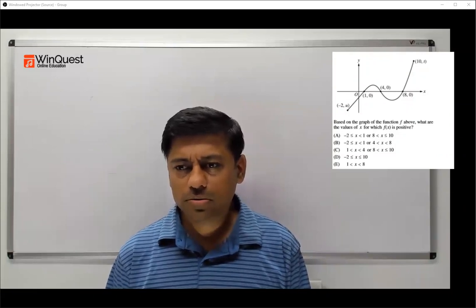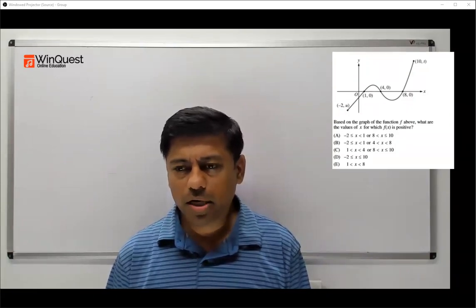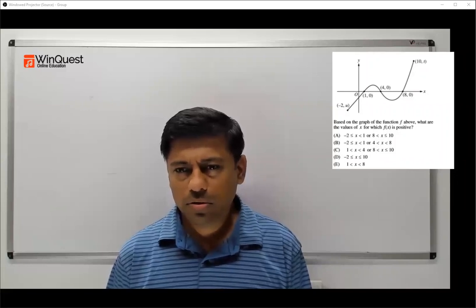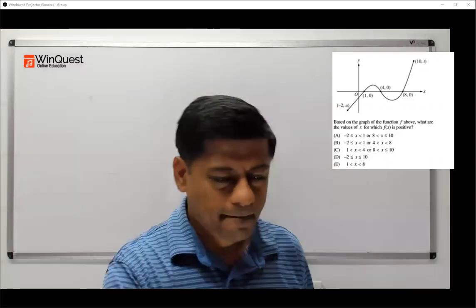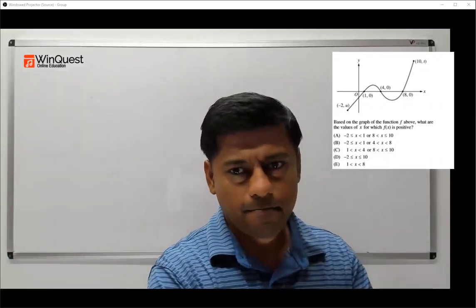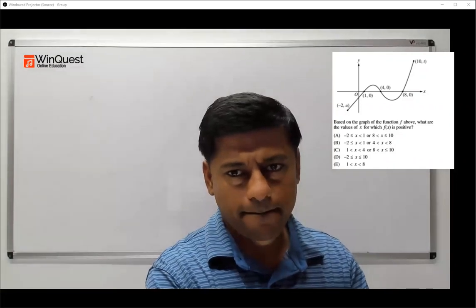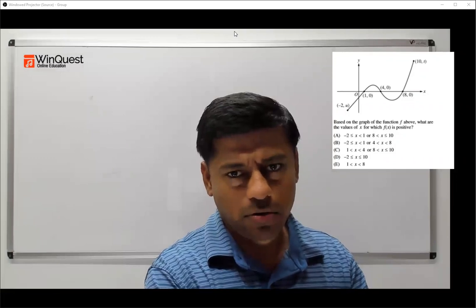Karishma, Rohan. Yeah, I think Karthik is right because it's saying that for every x value, if its y value is positive, then that f of x is positive. Okay, fine. That's good.